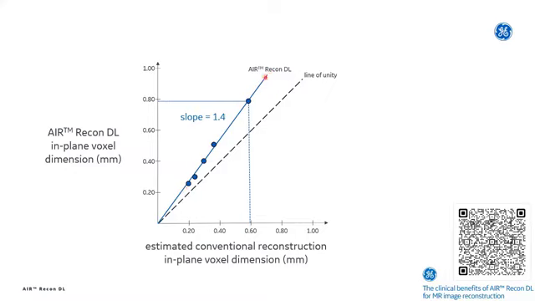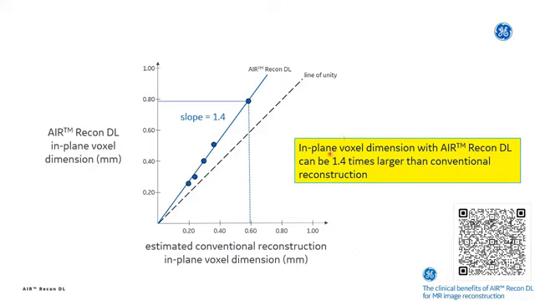It basically implies that with AIR Recon DL, your in-plane voxel dimension can be approximately 1.4 times larger than your conventional reconstruction. And so that simply means that you are getting higher resolution images despite keeping your voxel volume preserved or fixed.